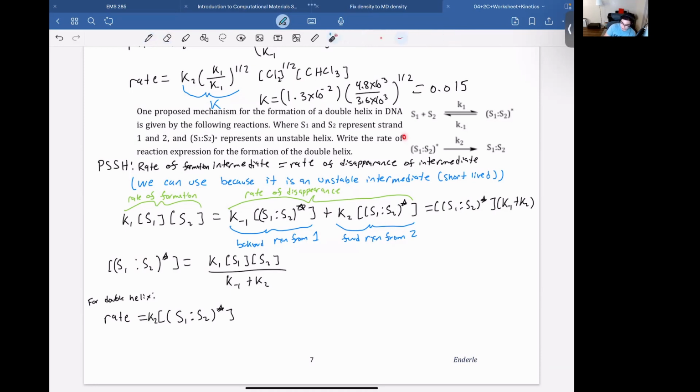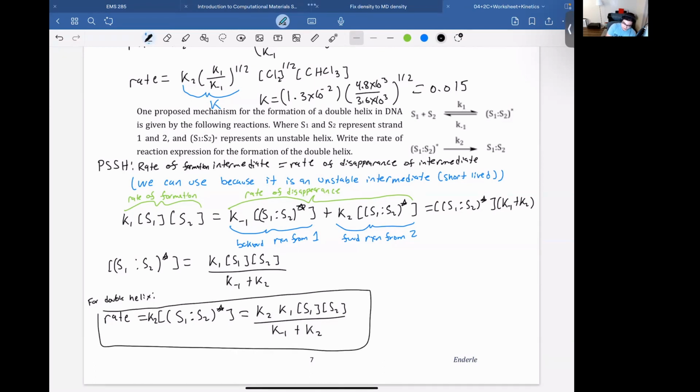So that's just the rate law for the second one. That's all it is. And now since I have the concentration of that intermediate, I get to plug that in. So K2 times K1 times these two concentrations like that. And then that is it.